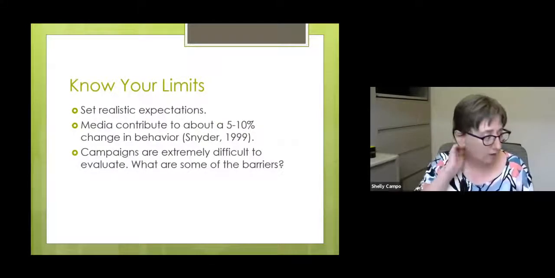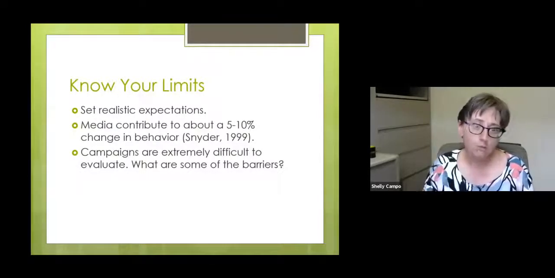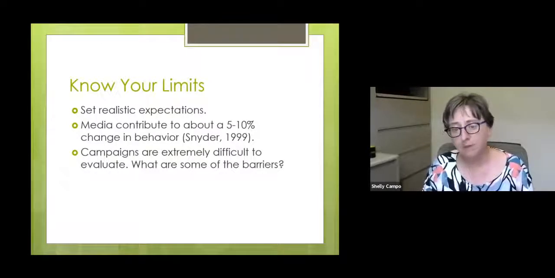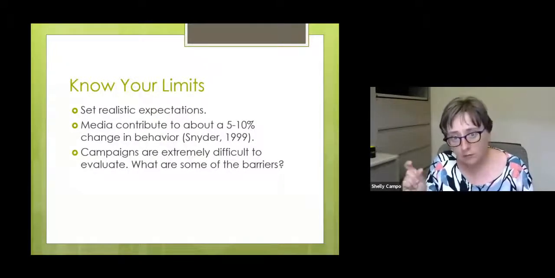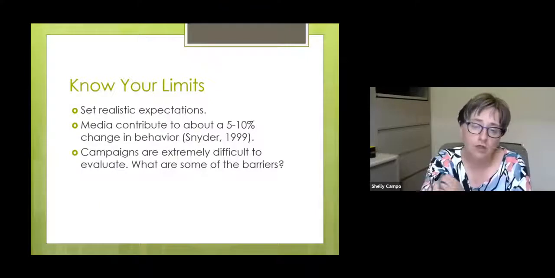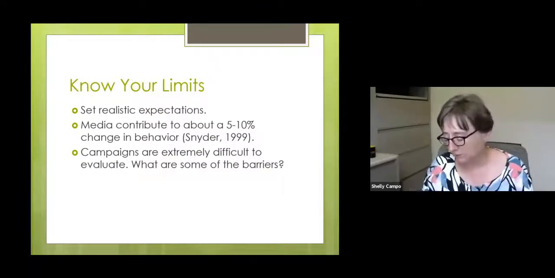Health campaigns often have very small amounts of change in ultimate behavior, and they can be extremely difficult to evaluate, in part because they are multifaceted. Usually you're trying to do more than one thing at a time. If you have an end product that is very concrete, it can be easier.